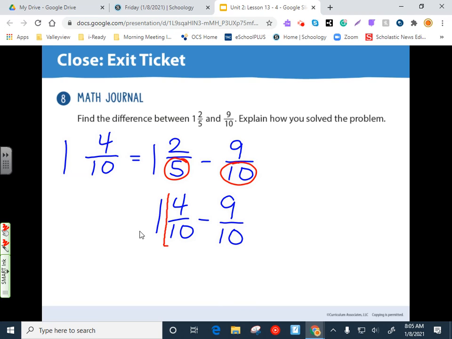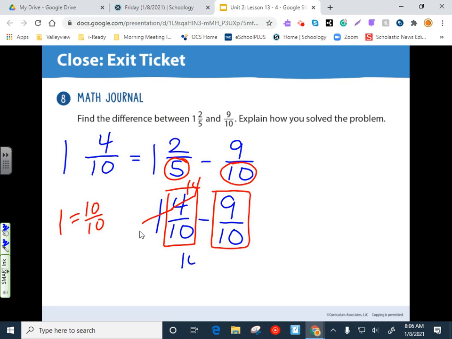Let's take a quick look at our fractions. So I have 4/10 minus 9/10. It wants me to take 9 away from 4. I can't do it. So let's borrow from my one and only whole number here. And remember, our whole number breaks up into 10 over 10, which turns us into 14.